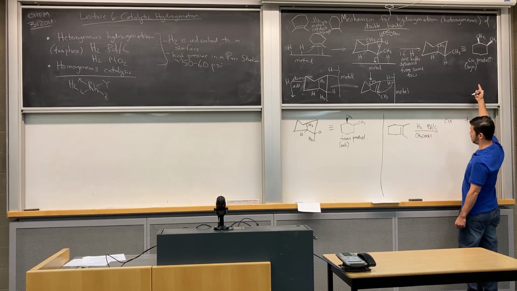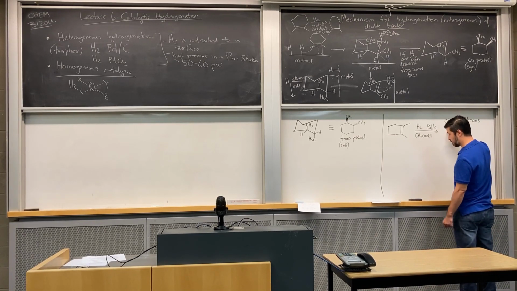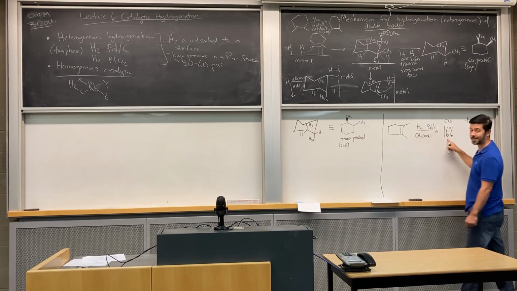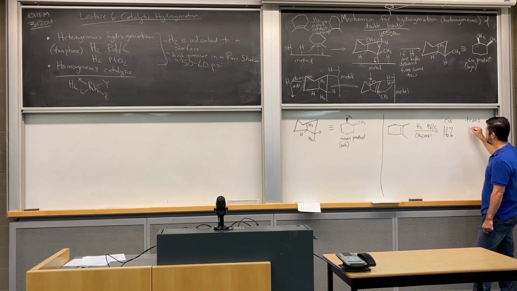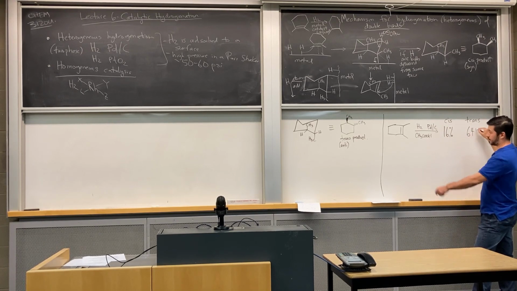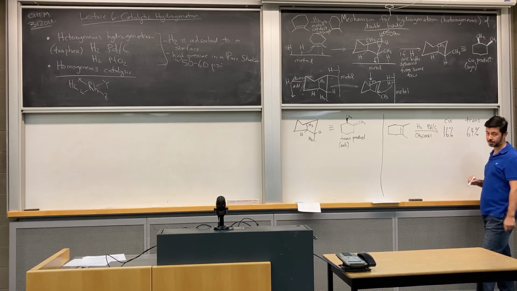The cis product that's shown here is going to be the same as the one here. This one is formed in about 16% yield, whereas the trans is formed in about 64% yield.